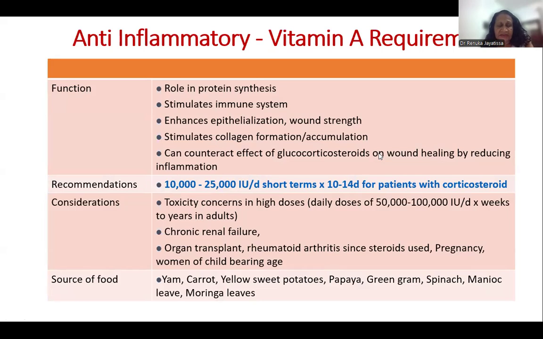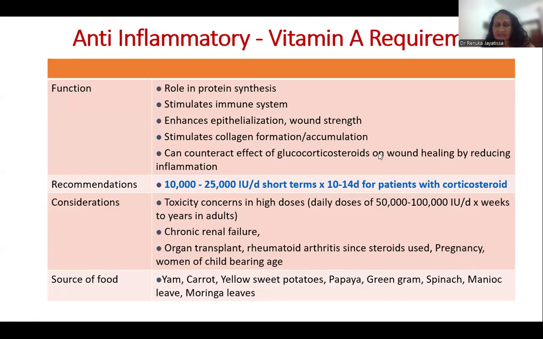The next things are the vitamins and minerals, especially the anti-inflammatory vitamins. One is vitamin A. Vitamin A is really important in protein synthesis as well as immune system stimulation, epithelialization, wound strength, and collagen formation.